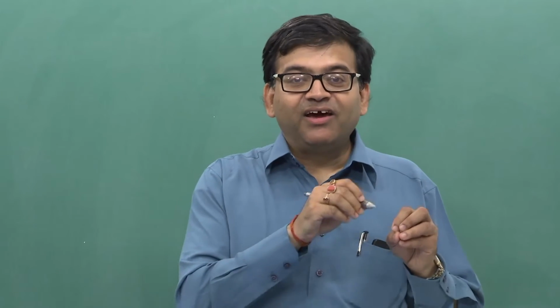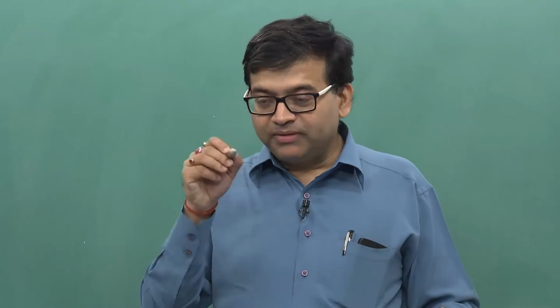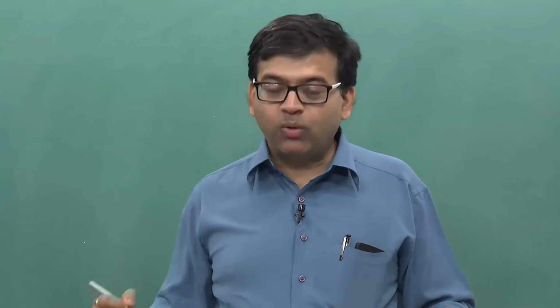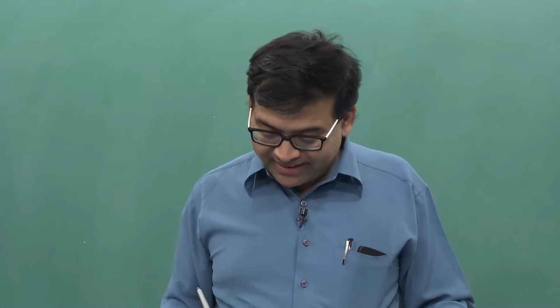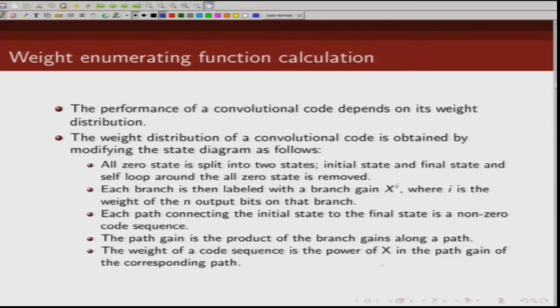So, if we look at each path going from the initial state to the final state and look at the power of x, that will give us the overall weight of that particular non-zero code sequence.